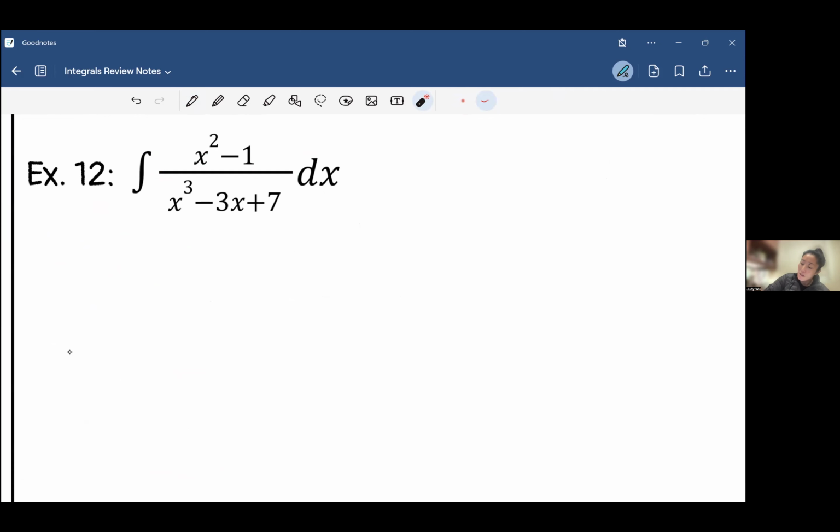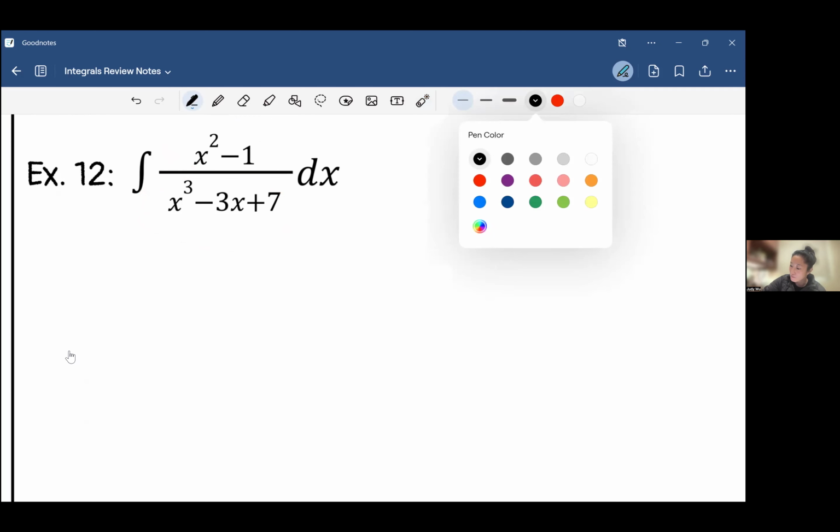So let's instead ask ourselves the u-sub question. Do I see a function and at least part of its derivative in the integral? x cubed minus 3x plus 7. I know that the x squared is part of the derivative for x cubed, so let's just set it up and see.